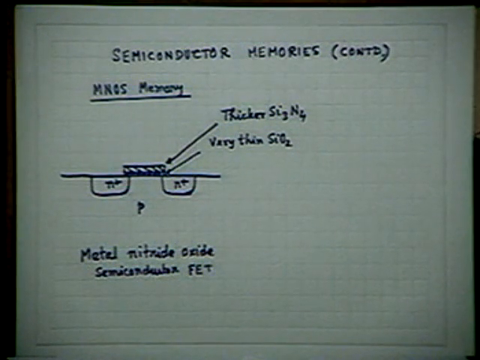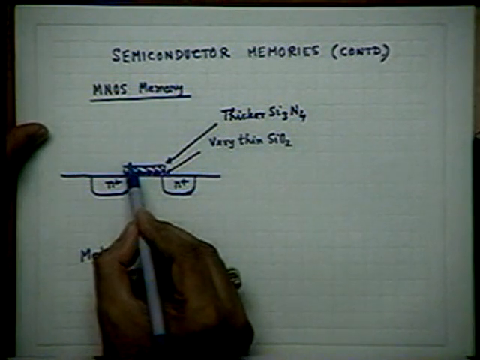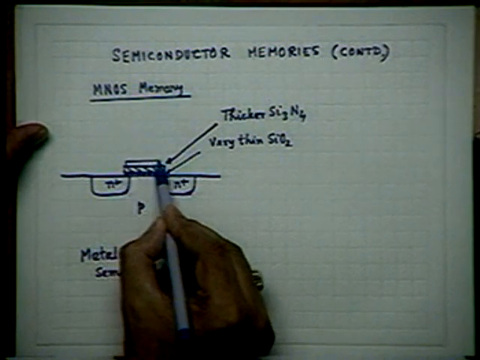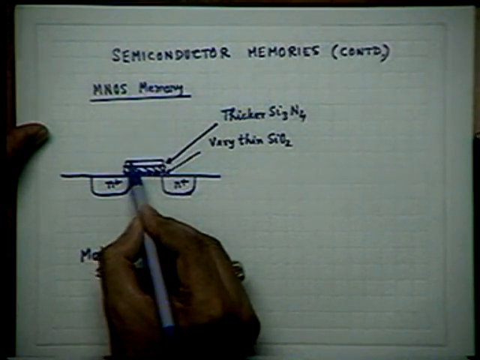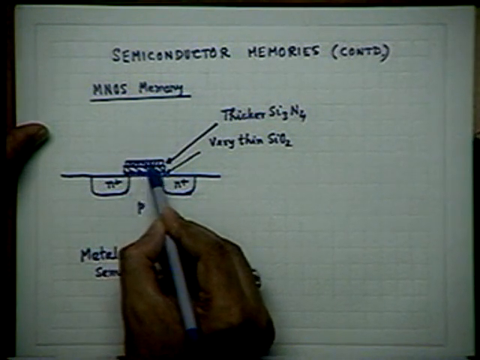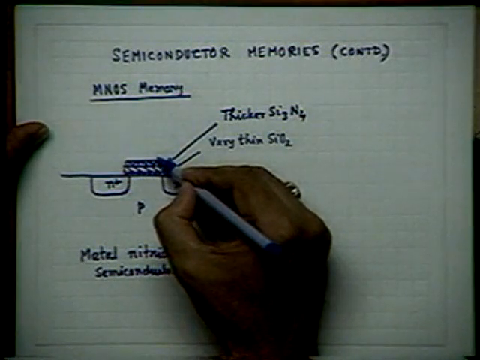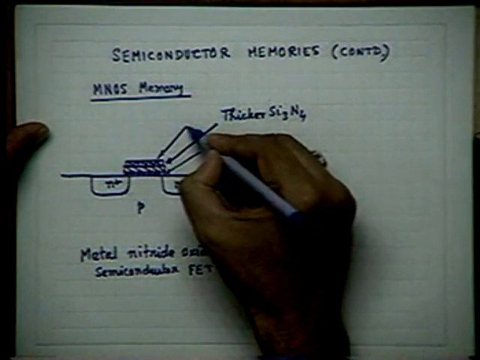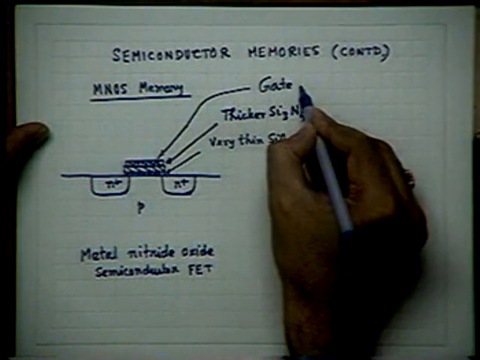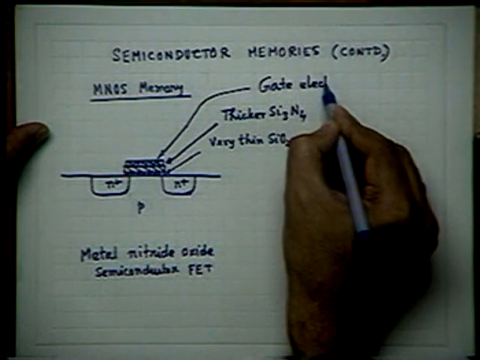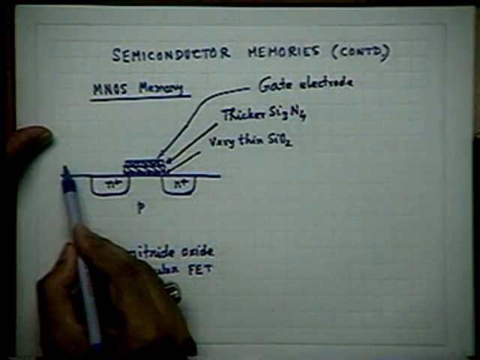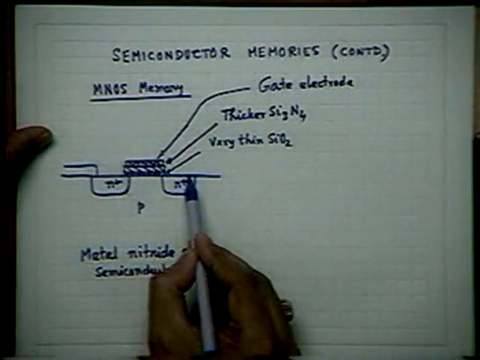And on the top I have a gate material, which may be metal or polysilicon. This is the gate electrode. And you have got the conventional things for connection.